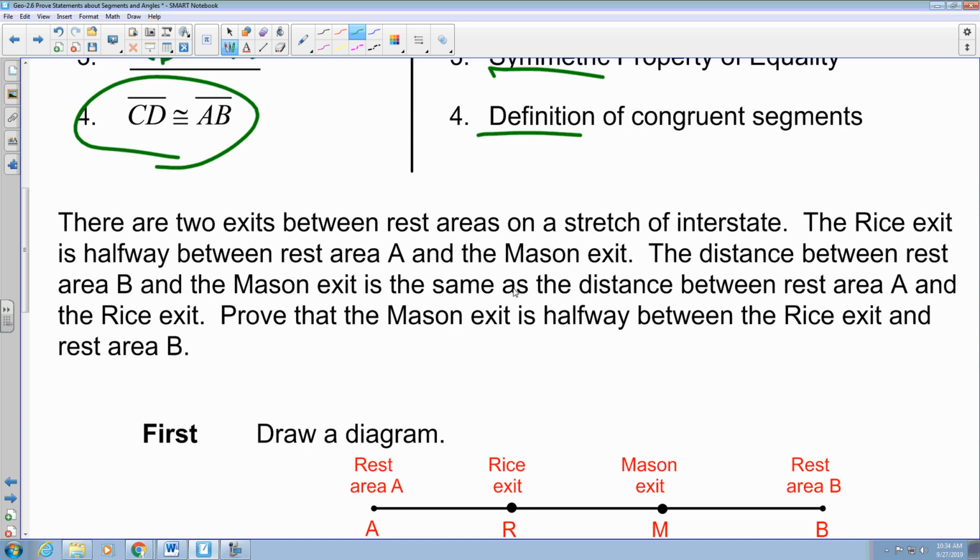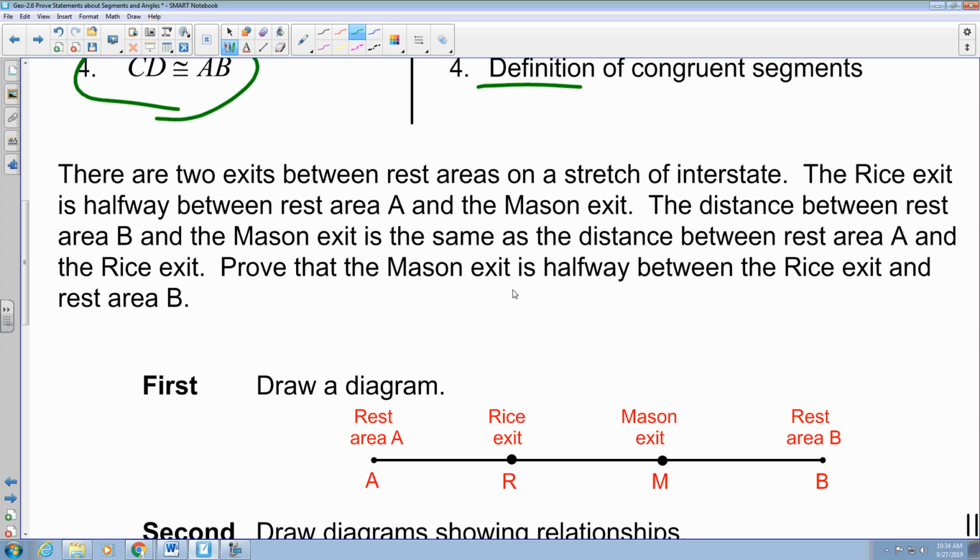All right, so this passage here says there are two exits between rest areas on a stretch of an interstate. The Rice exit is halfway between rest area A and the Mason exit. The distance between rest area B and Mason exit is the same distance between rest area A and the Rice exit.